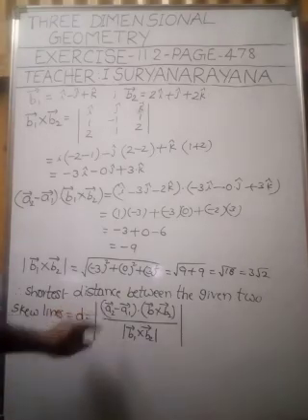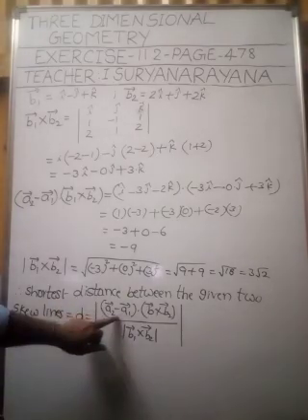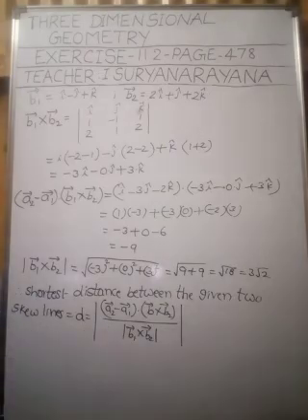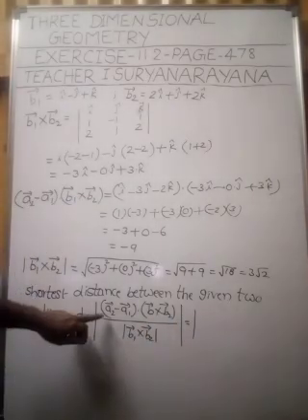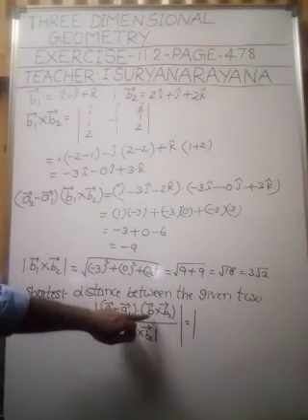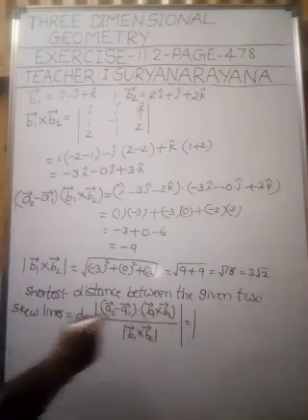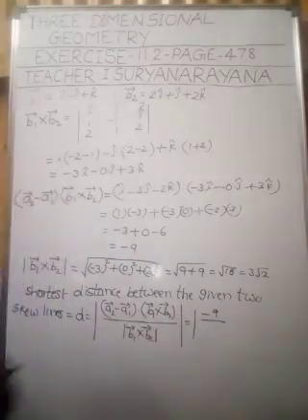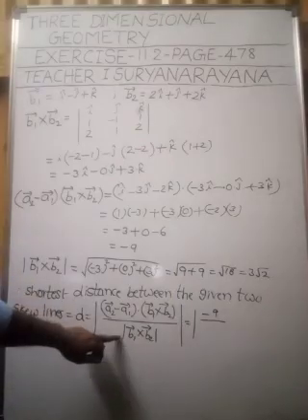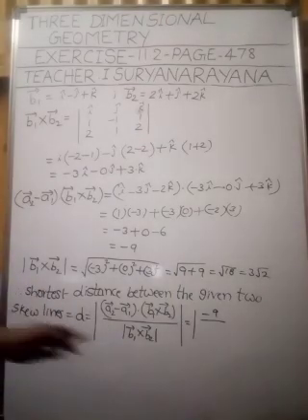So in this formula, we have to substitute this value and this value, numerator and denominator. That is equal to modulus of A2 bar minus A1 bar dot B1 bar cross B2 bar. We have already found minus 9, modulus of minus 9 by modulus of B1 bar cross B2 bar.